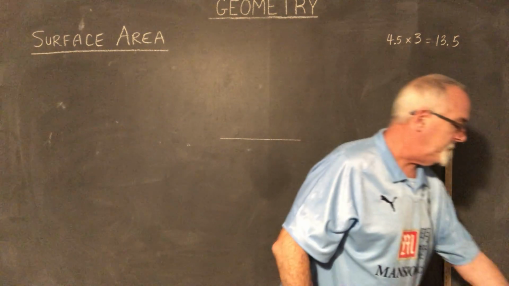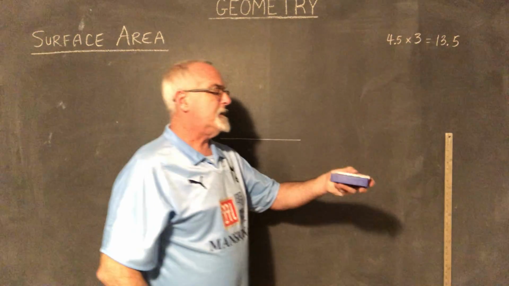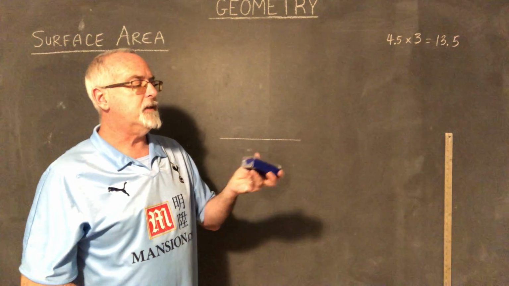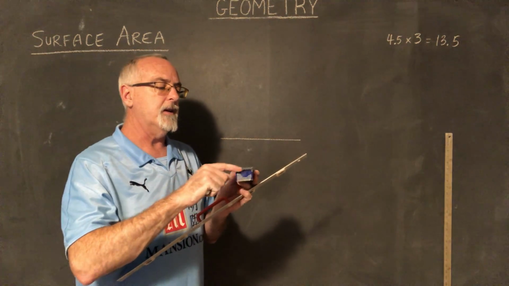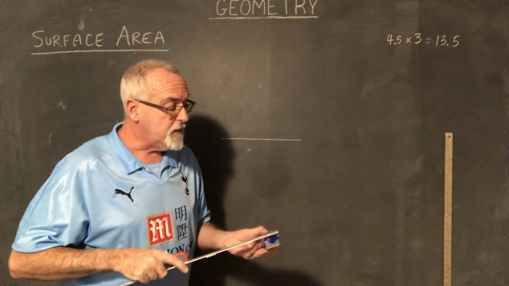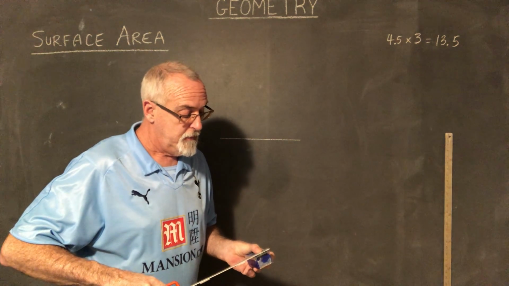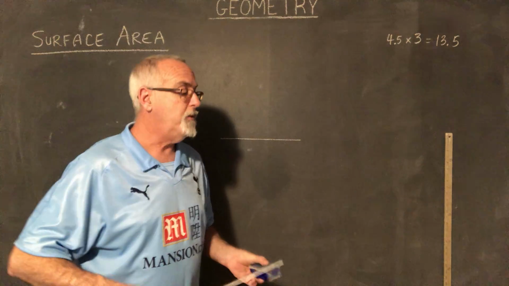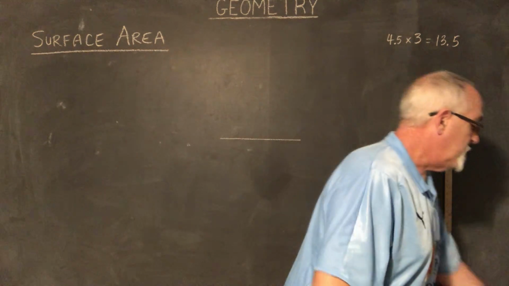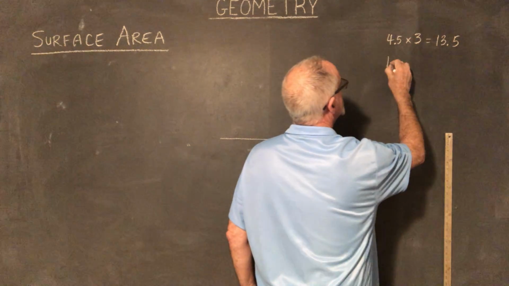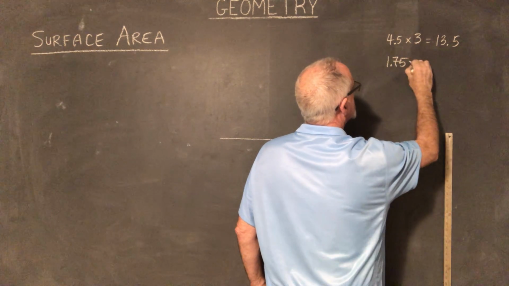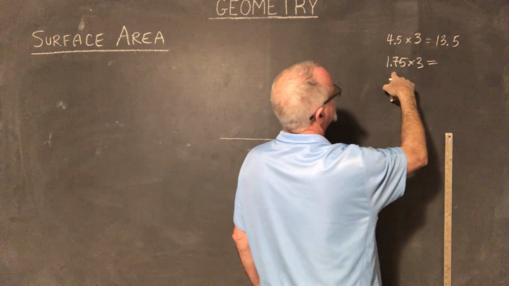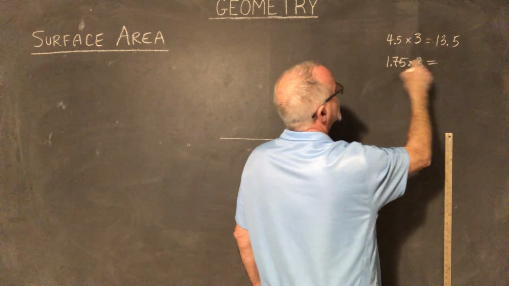Okay, what is the second longest dimension of this thing? That is this. That's along here. Okay, so this is a lot shorter. 1.75. I will call that 1.75 inches. Times 3 equals 5.25.